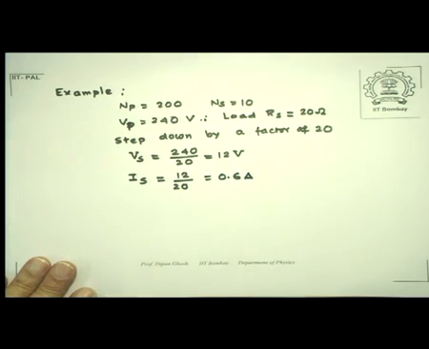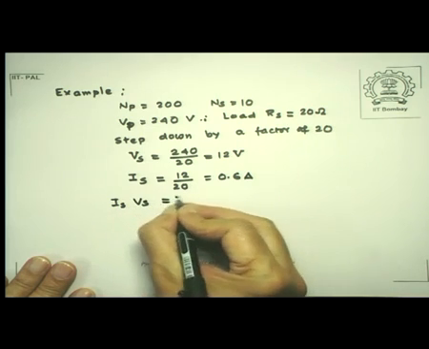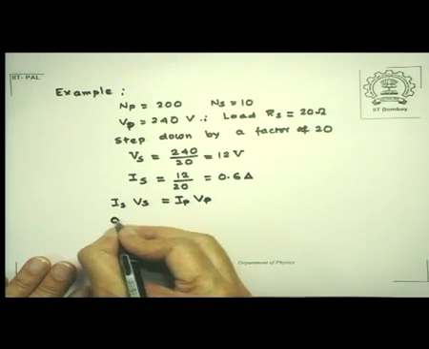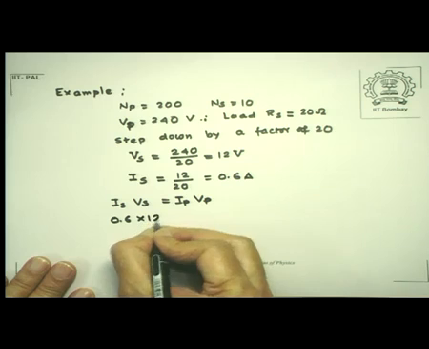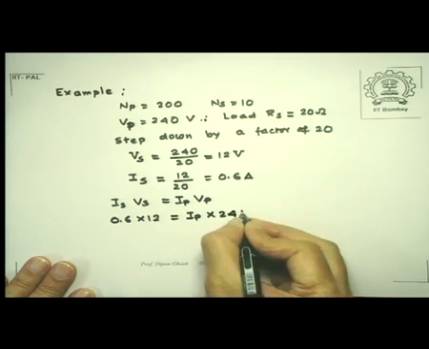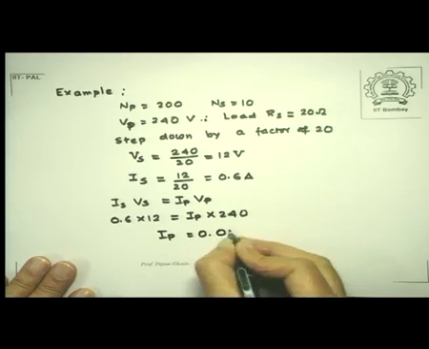How much is the primary current, assuming complete power transfer? I know Is into Vs is equal to Ip into Vp. So that is 0.6 into 12 is equal to Ip into 240, which gives me Ip equal to 0.03 amperes.